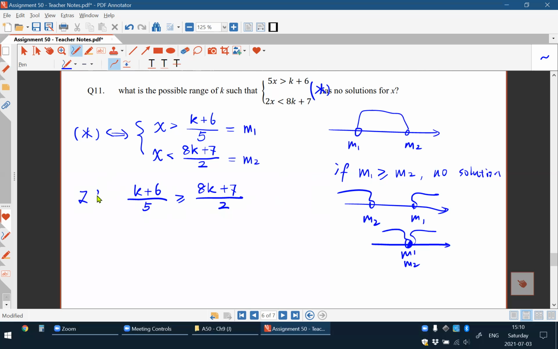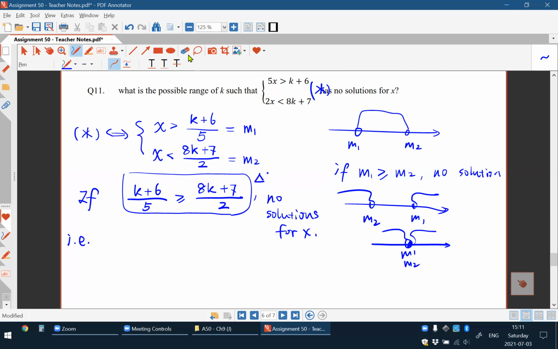So we can see that if this happens, no solutions for x. Okay, this means we can just solve this inequality here, right? Let's call this star, star, okay?